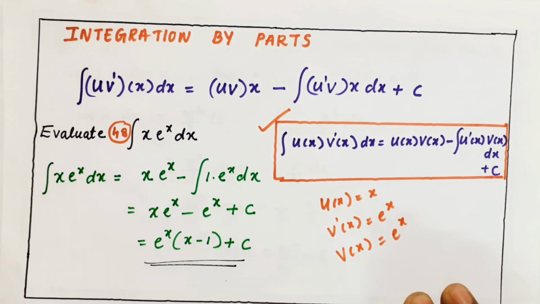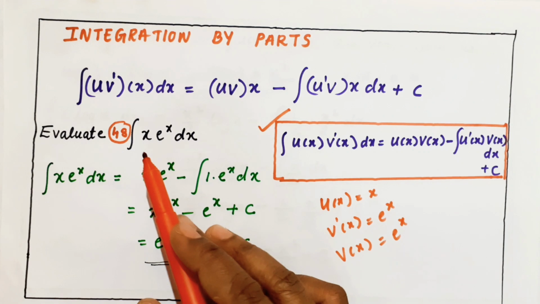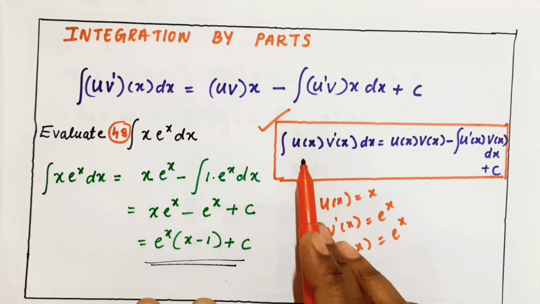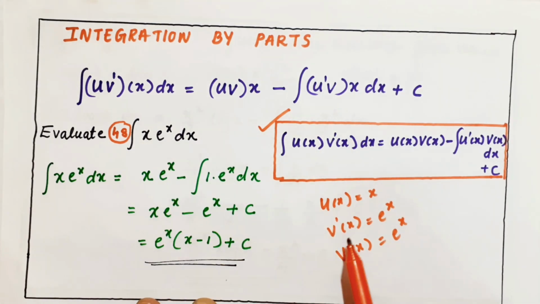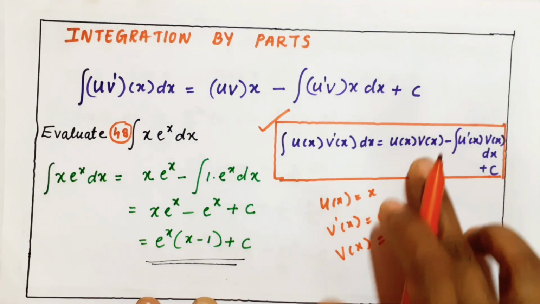So there is no big problem for this question. This question is in the form of u v dash x, so we are taking u as x. E power x is v dash x I am taking. But here there is no big problem because v dash x and v of x of e power x is same.